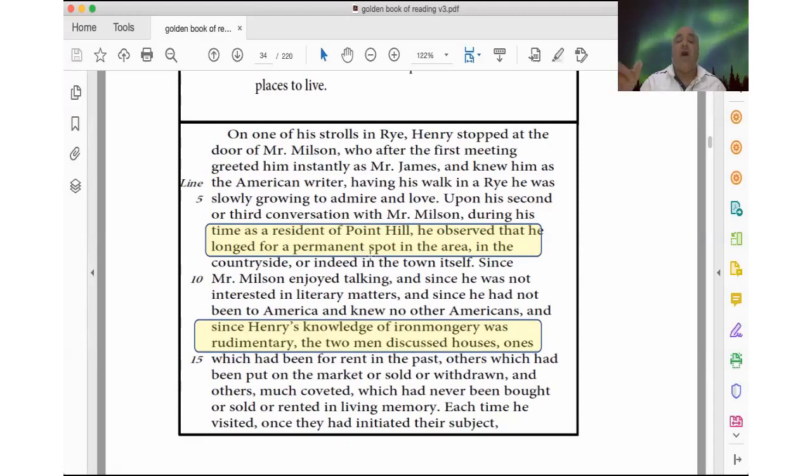He needs to find a house and live there permanently in the city of Ray, in the countryside, or indeed in the town itself.